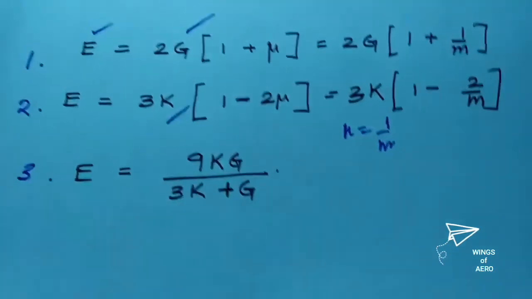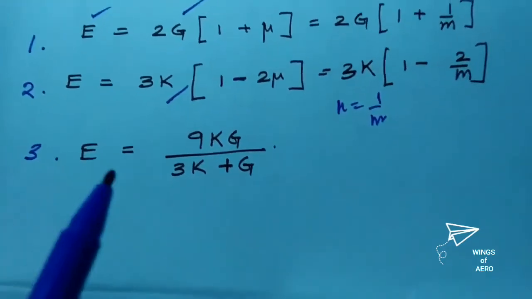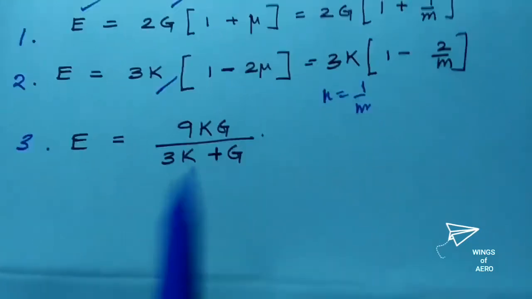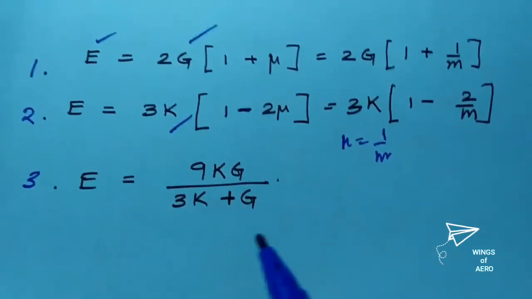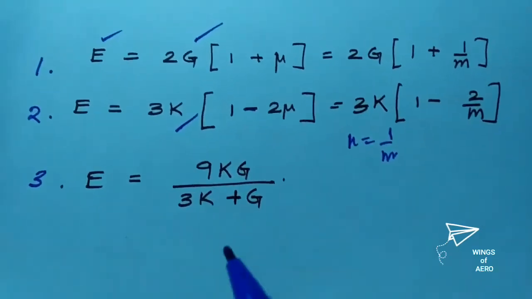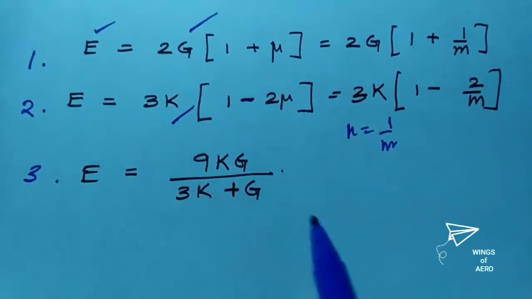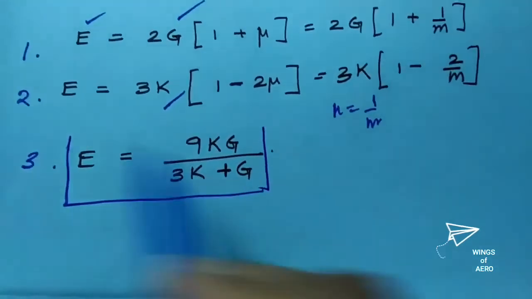And the third one is a combination of all three moduli: the Young's modulus, bulk modulus, and rigidity modulus. You remember when we were in school we used to say kg, the unit of mass. That is E equals 9 kg by 3k plus g. It's very easy to remember this formula, nothing hard.